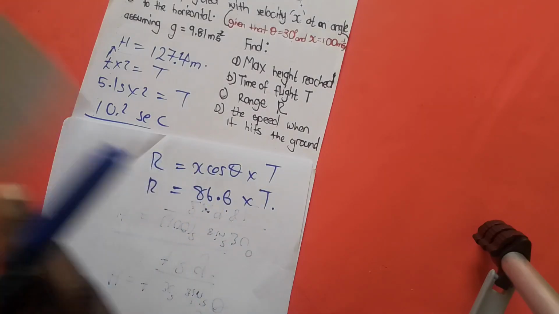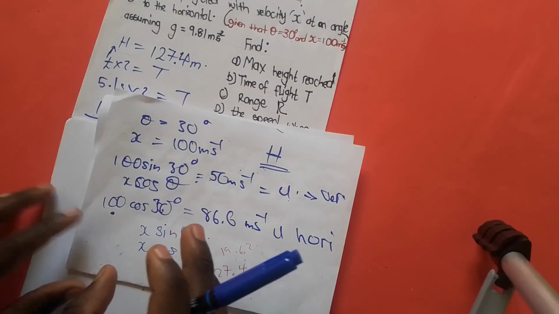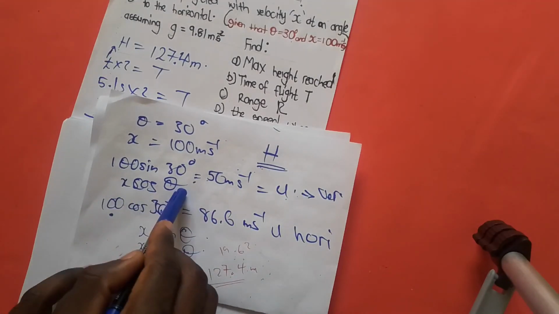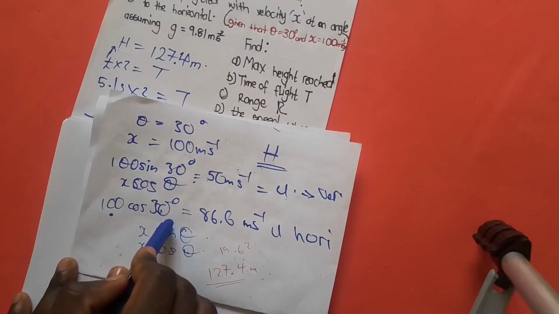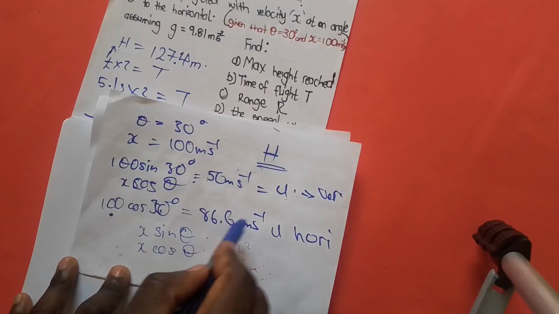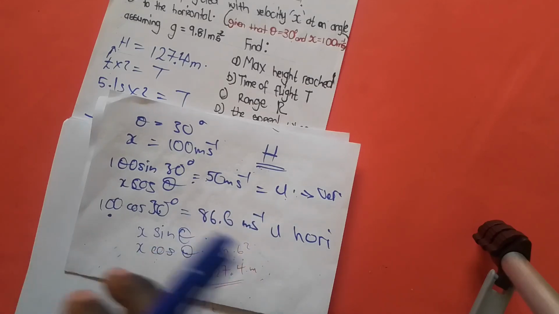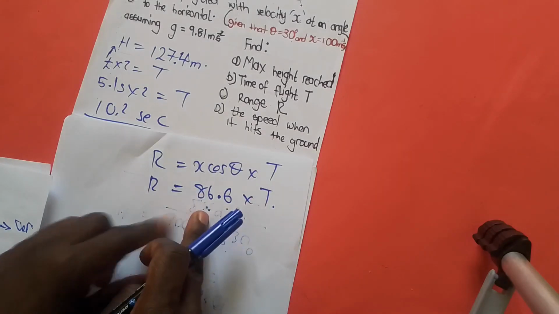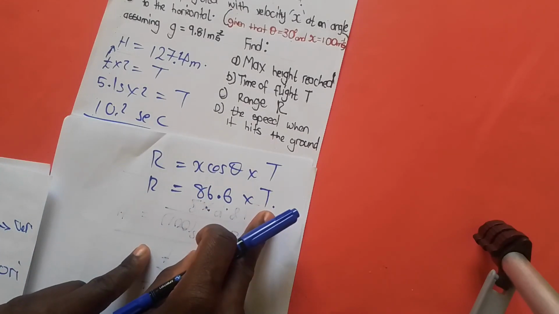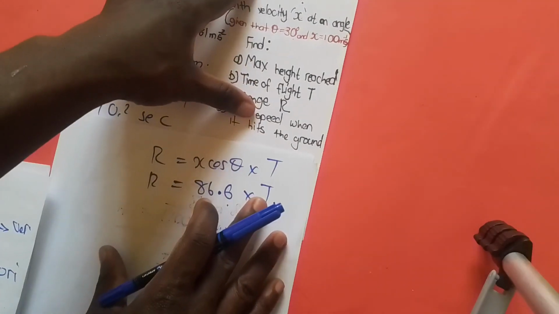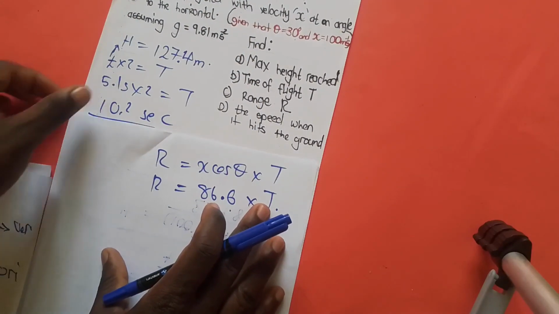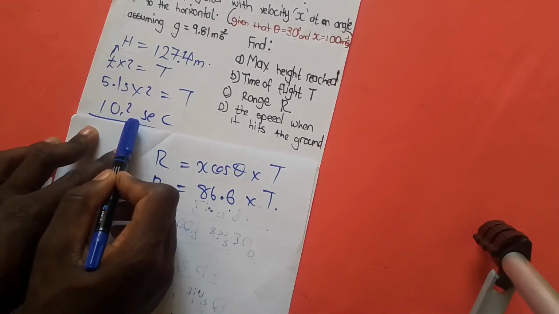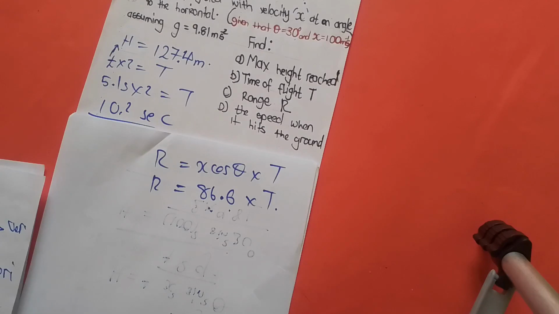From the start of this tutorial, we calculated the horizontal velocity of the projectile, and we found that x cos theta is equal to 100 cos 30 degrees, which is equal to 86.6 meters per second. So the range is going to be 86.6 times t, the time of flight. We've also calculated the time of flight, and found that t was equal to 10.2 seconds.